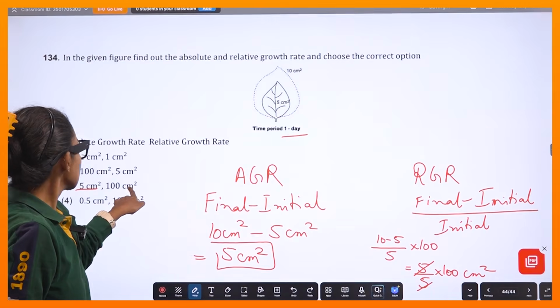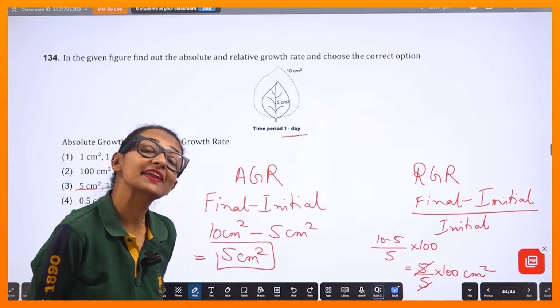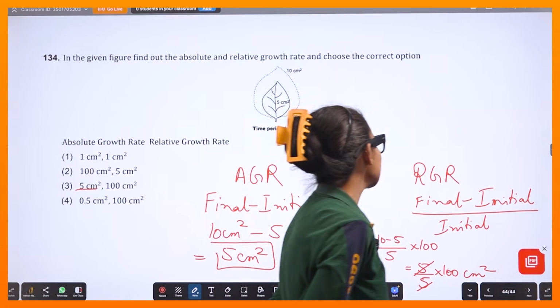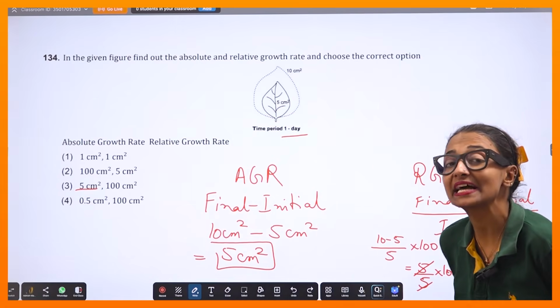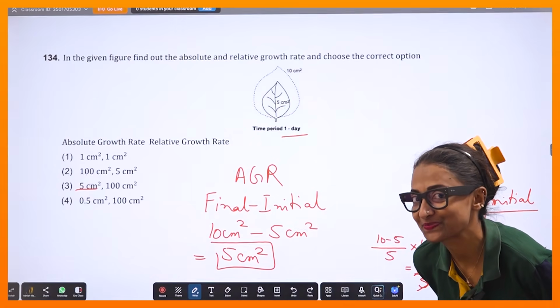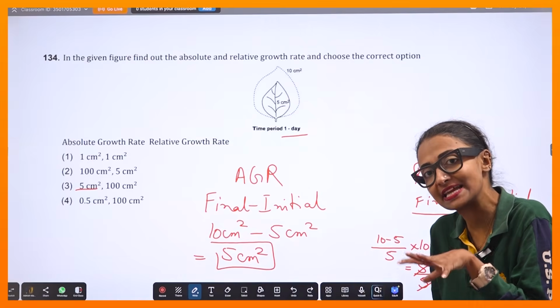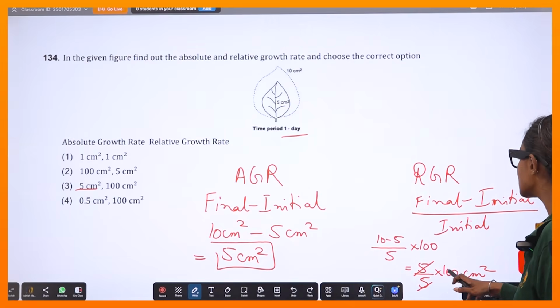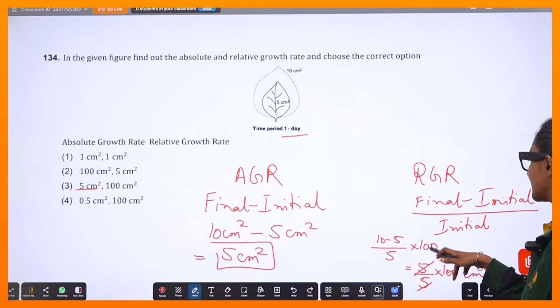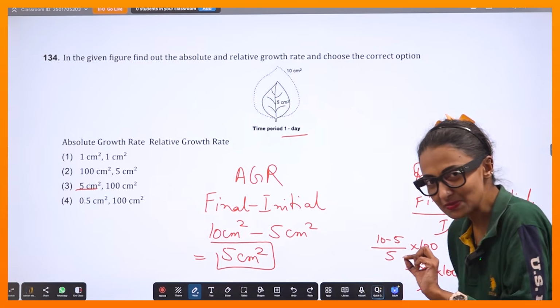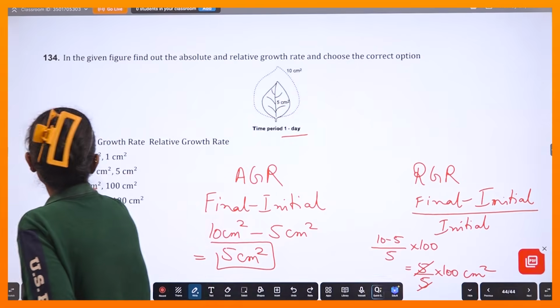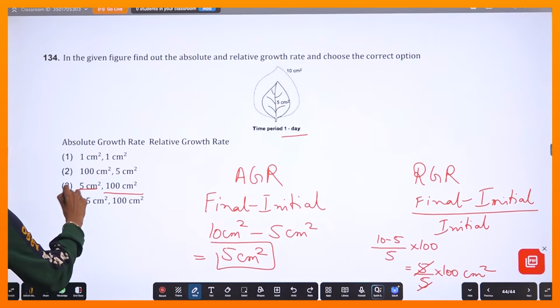Though centimeter square and percentage, when I multiply it with 100, I mean I'm talking in terms of percentage, right? But in order to align it with what NCERT says, I'm keeping it as 5 upon 5 into 100 centimeters square. Be careful about the units.